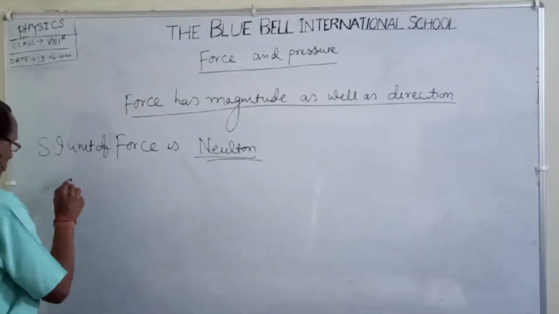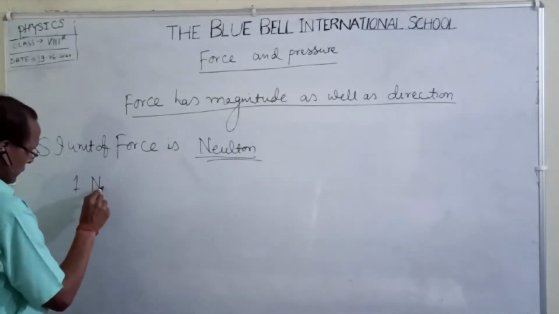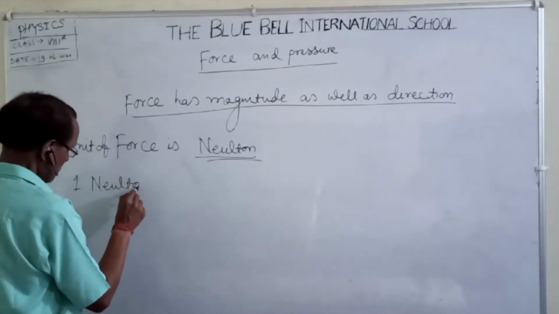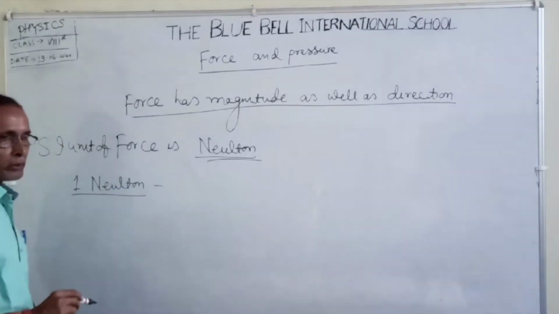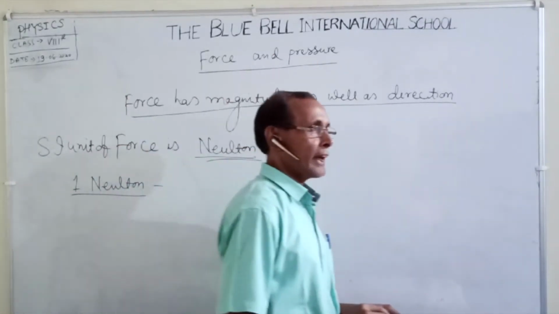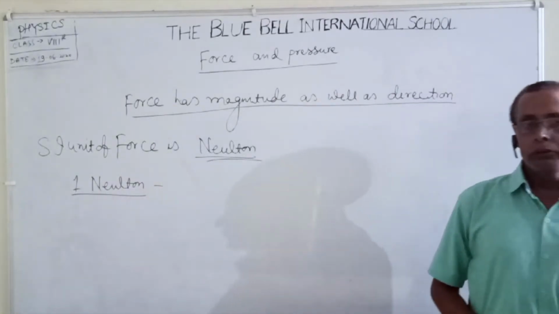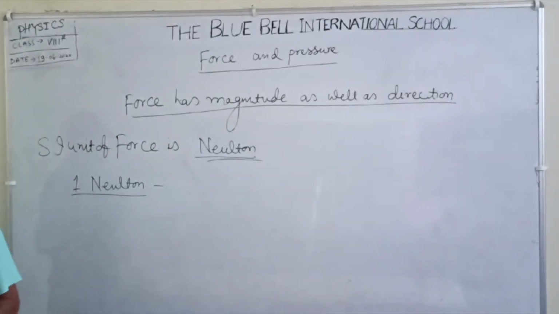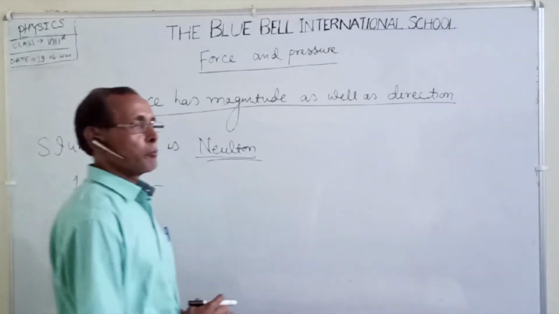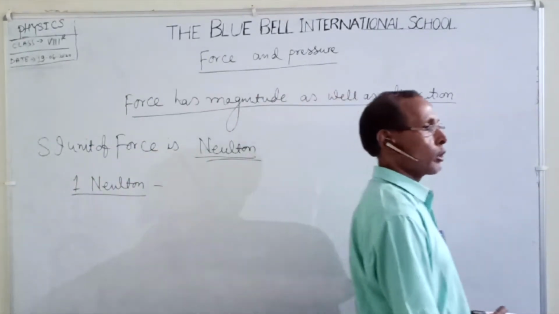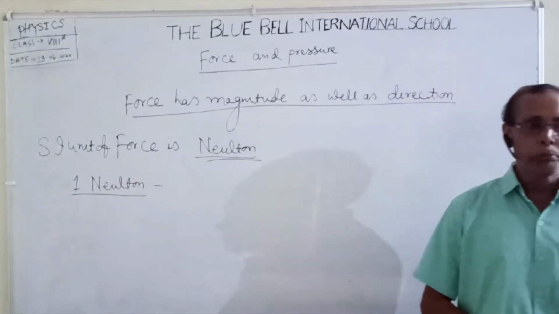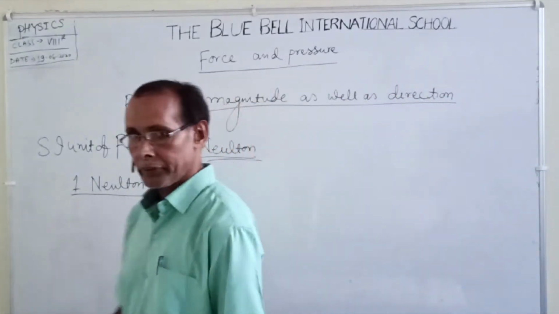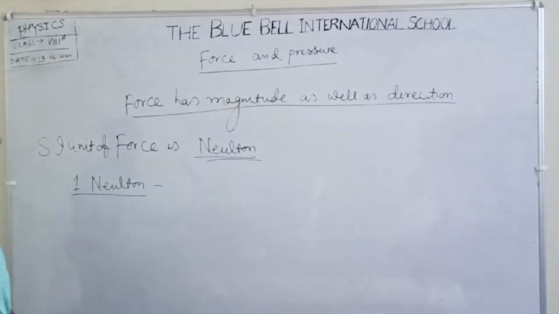How do we define 1 newton? 1 newton is the force which acts on a body of mass 1 kg and moves the body with an acceleration of 1 meter per second squared. That is called 1 newton.